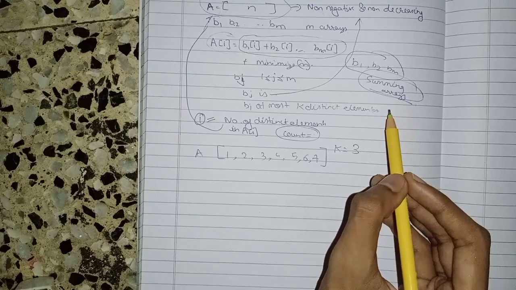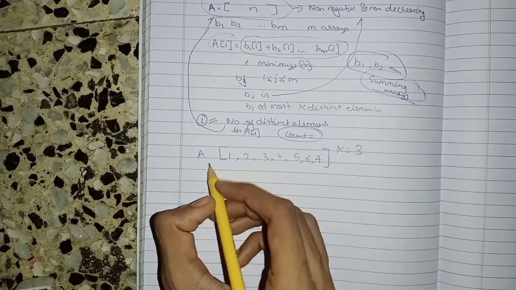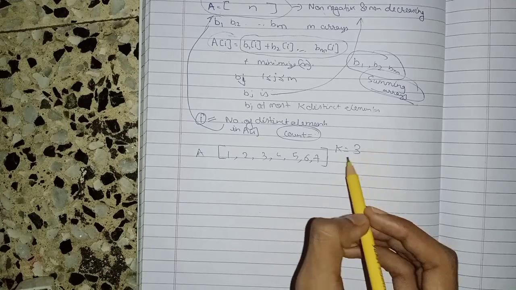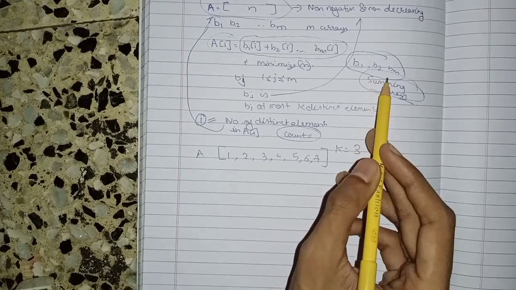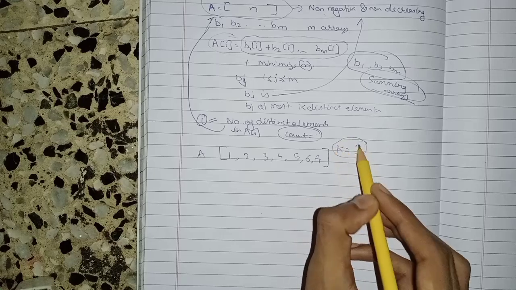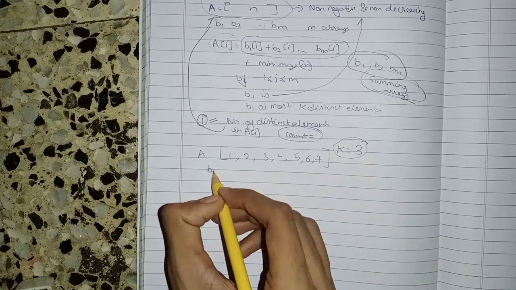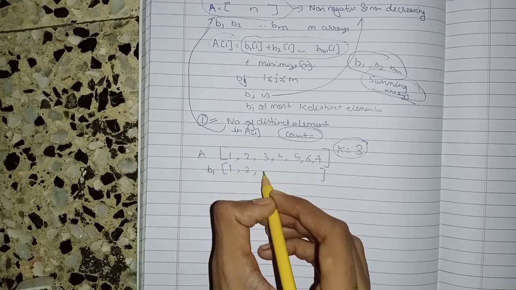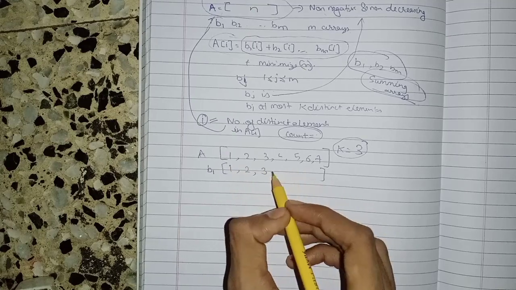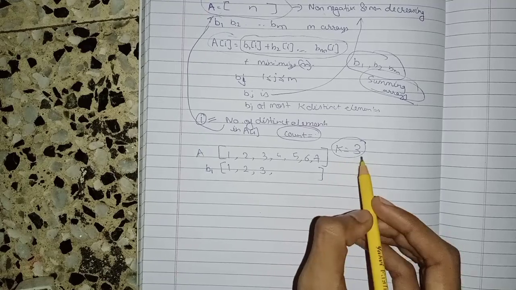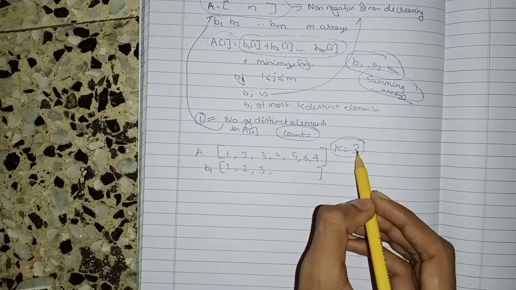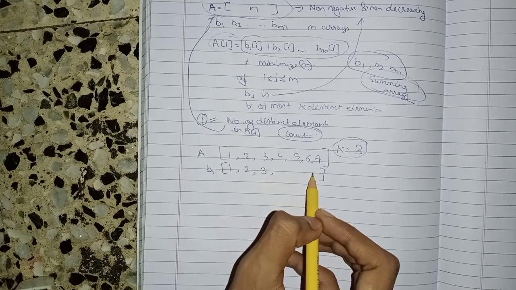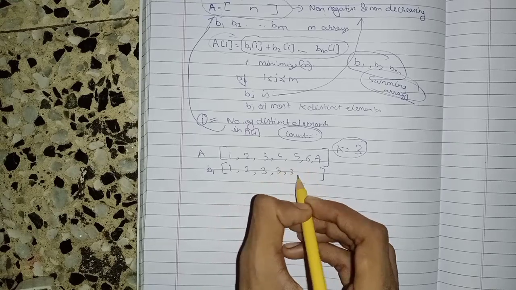So how are we going to make the summing arrays? I know that each of the summing arrays will have a maximum of 3 distinct elements. So if I write the first summing array as 1 2 and 3, I can have at max 3 distinct elements, right? So I will have to write the rest of the numbers as 3 only.